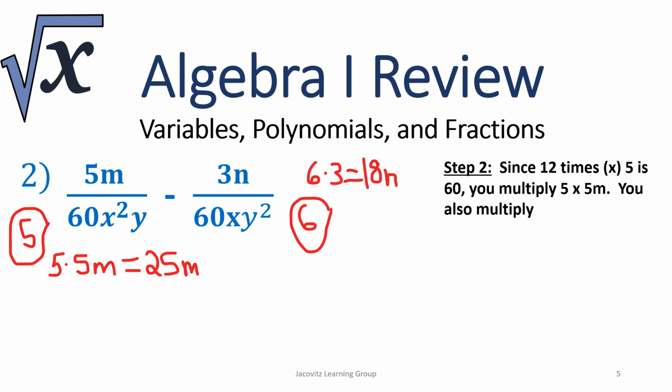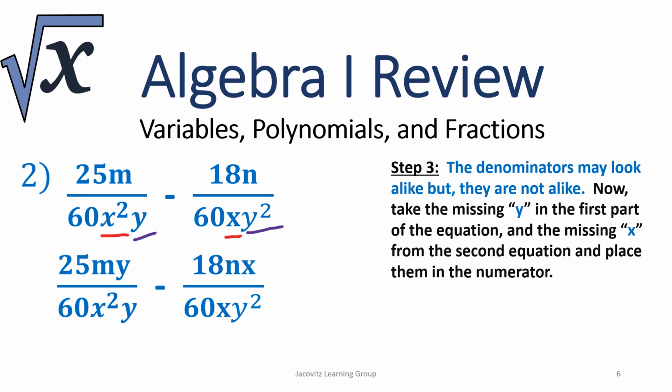5 times this 5 is 25m. 6 times this 3 is going to give you over here 18n. So you have 25m and 18n ready to go, and there they are here.